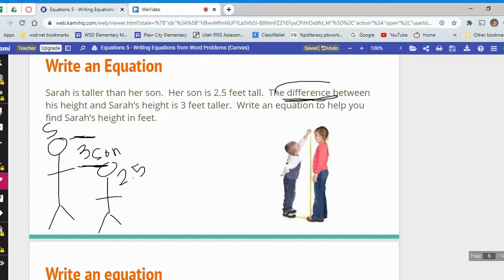Now, difference. What did difference mean? Subtract. So what would you do in life? We want to find Sarah's. So if we know Sarah's, what do we do to Sarah's? We subtract the 3 feet because that's the difference. And in the end, we are going to get down to that of her son.